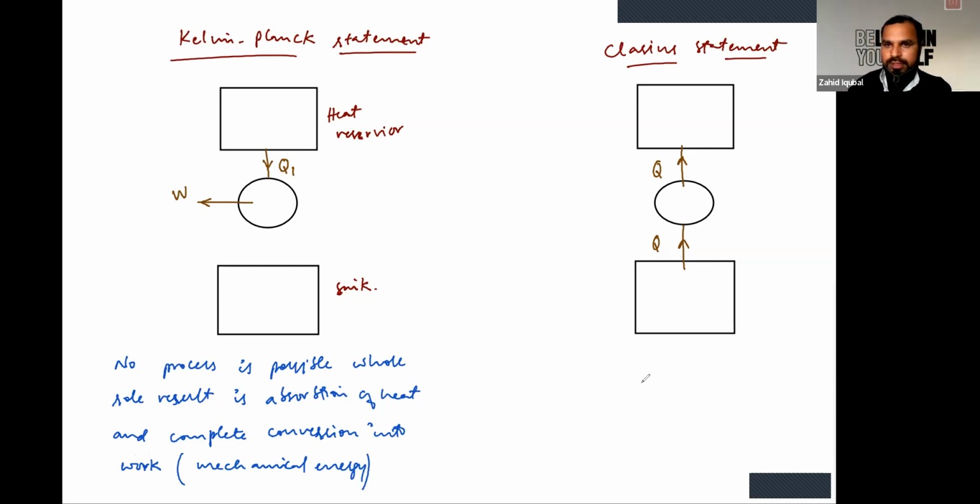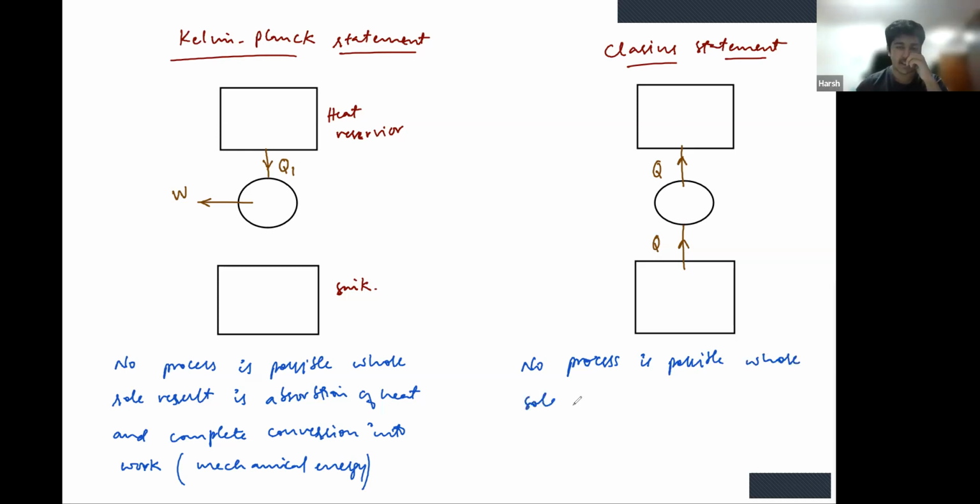In the second part, for the Clausius statement, we can say no process is possible whose sole result is the transfer of heat energy from a colder object to a hotter object.